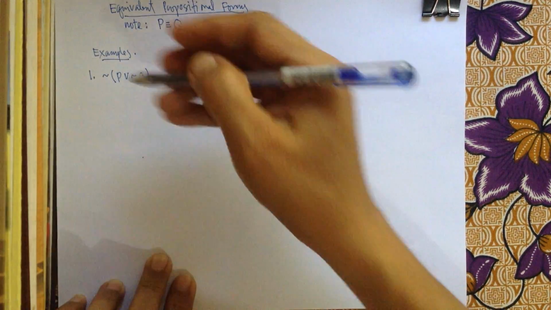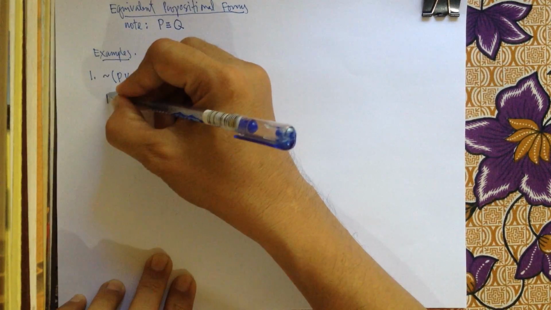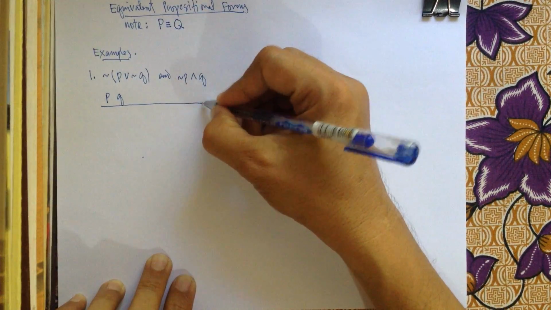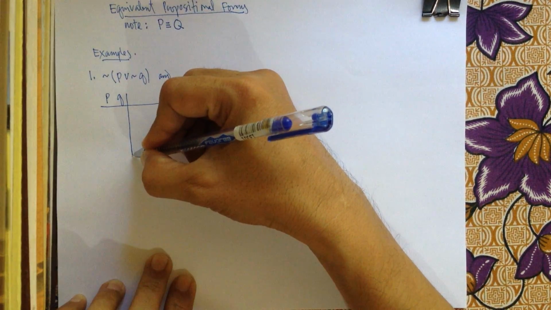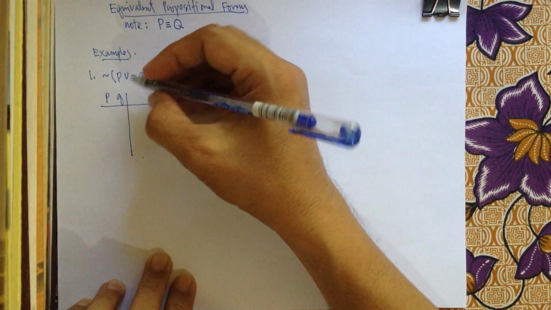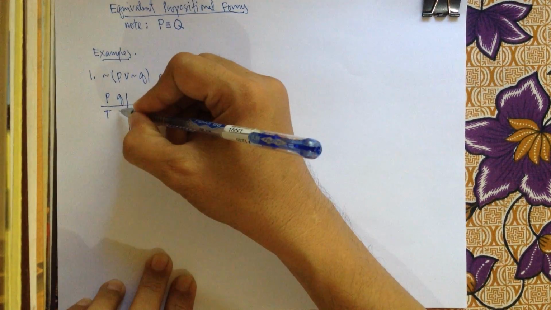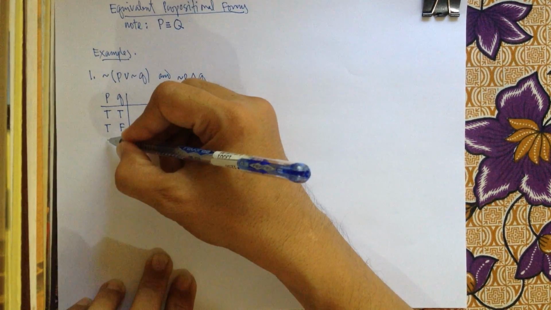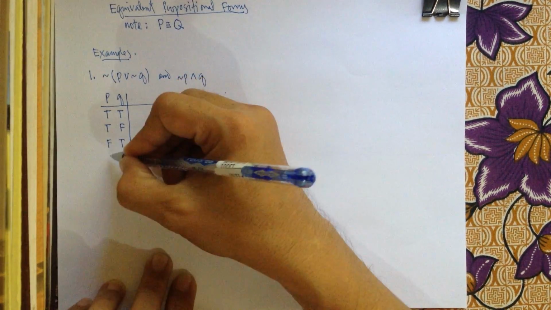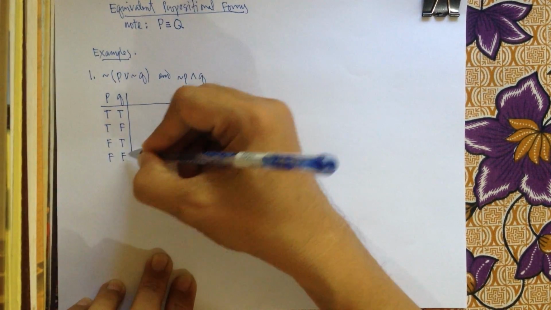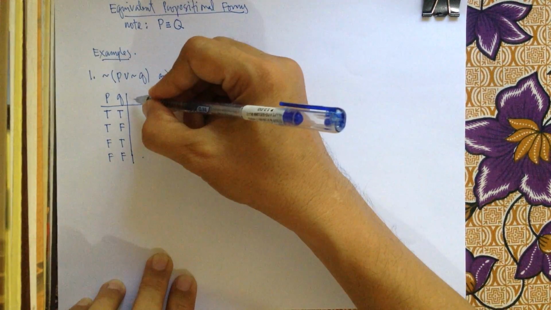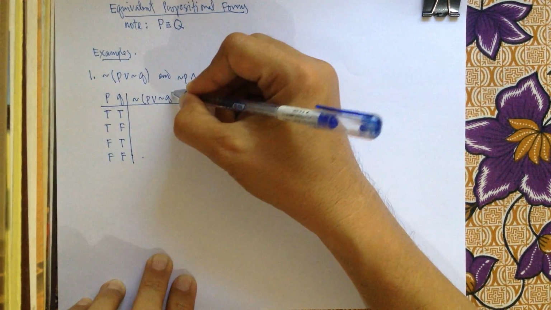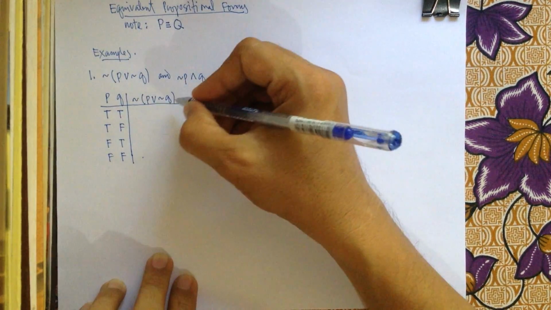Now, there are two propositional variables, so how many possible combinations do we have? We have 4, because we have 2 squared. And these are true for P and Q, true for P and false for Q, false for P and true for Q, and false for P and Q. Then in this column we construct the truth table for the first statement.